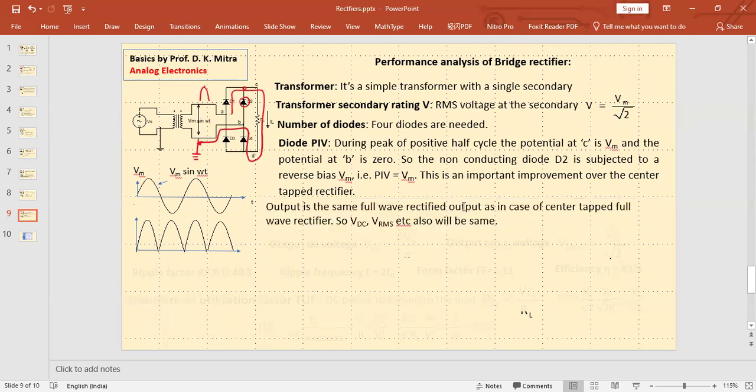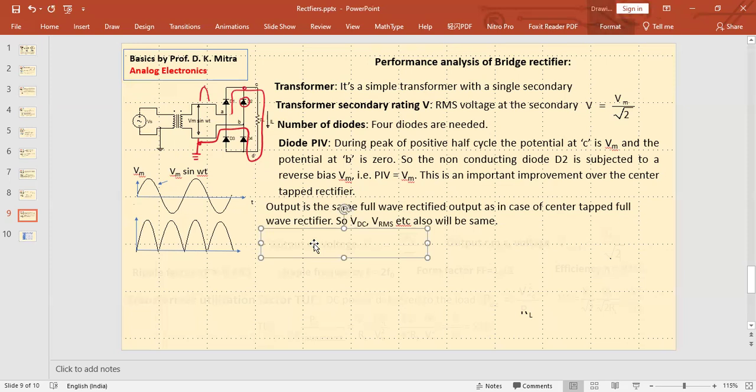Then comes this statement: the output of this bridge rectifier is the same full-wave rectified output as in a center-tapped full-wave rectifier. So VDC, VRMS, etc. will also be the same, because their values come from integration and average.